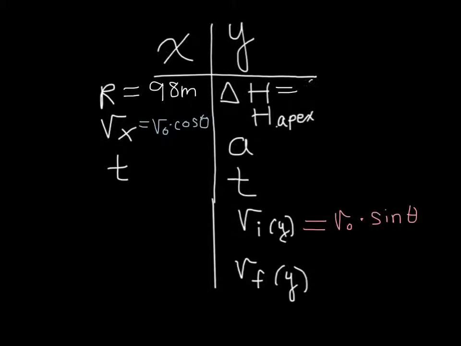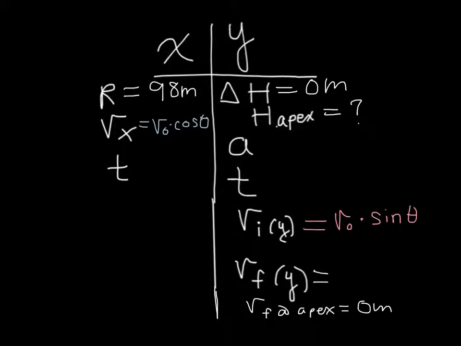The change in height is, of course, 0 meters, because this is a type 2. We don't know the height at the apex. We know that the final velocity is equal to the opposite of the initial velocity, which is negative V naught times sine of theta.